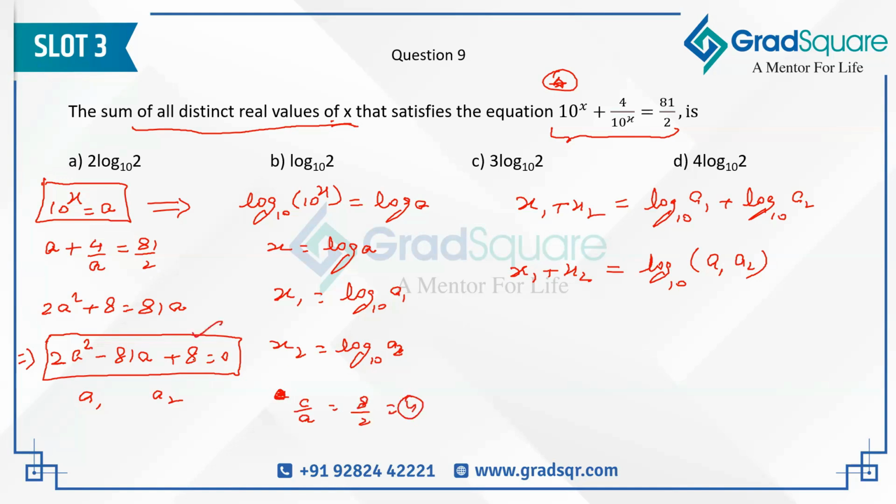Your constant term was 8 and the coefficient of the squared term is 2. So the product of a1 and a2 is equal to 4. So your x1 plus x2 will turn out to be log base 10 of 4, which is 2 times log base 10 of 2, and that becomes your answer, option A.